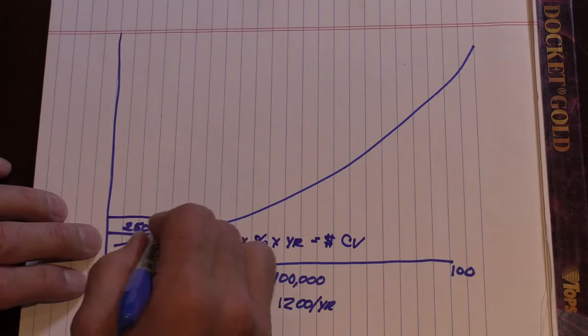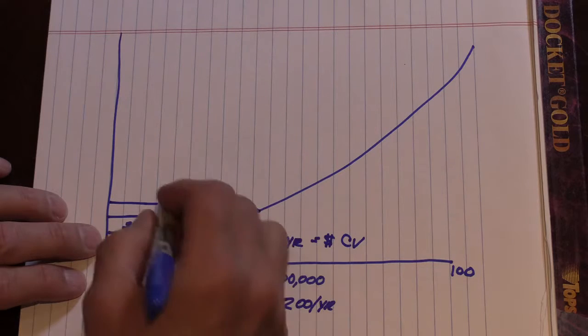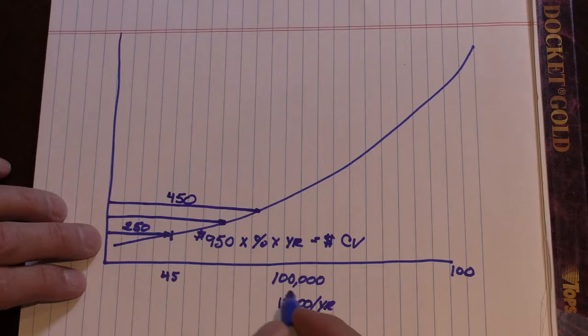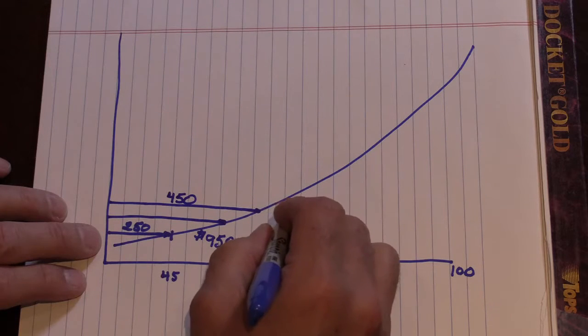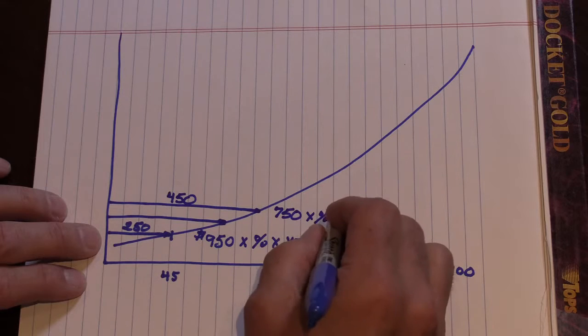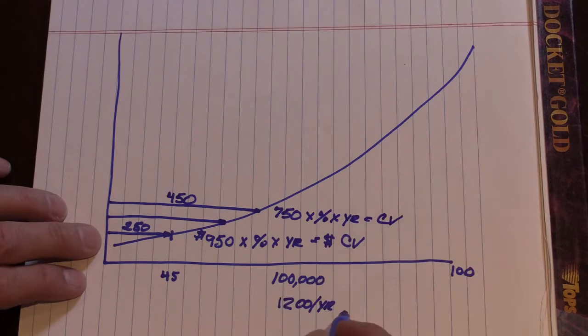And this keeps going on, and so as time goes by, maybe by age 55, the mortality charge is up to $450, and that means that $750 that year goes into the side fund to earn interest over the remaining years to create cash value.